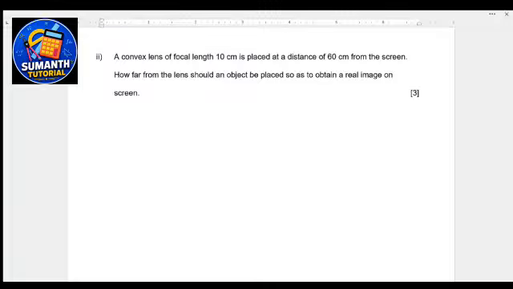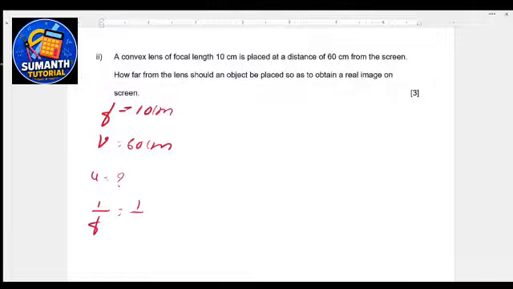Now see here, the value of F is given 10 centimeter and the value of V is given, that is 60 centimeter. We are going to calculate the value of U, and the formula is 1 by F is 1 by V minus 1 by U. Next is substitution. 1 divided by 10 is 1 by 60 minus 1 by U. Now transpose 60 to the other side.